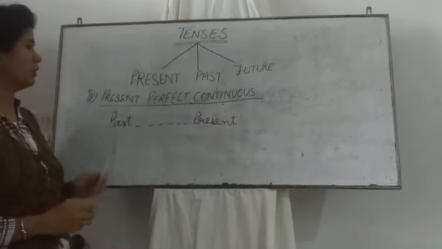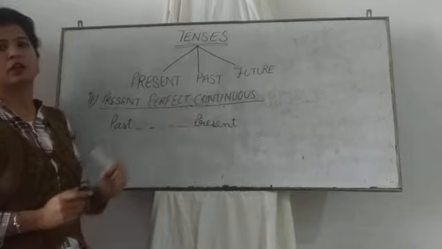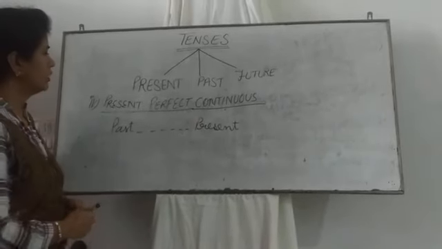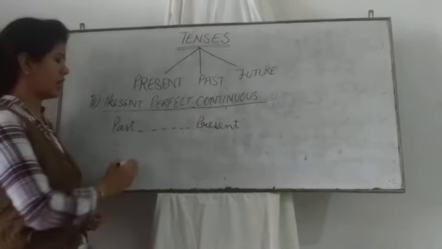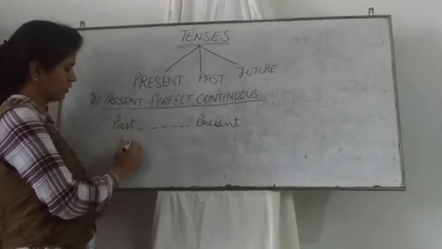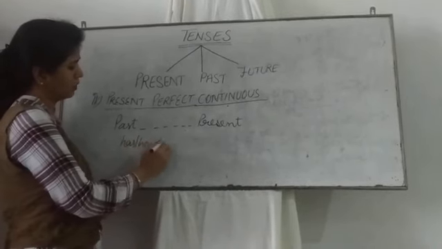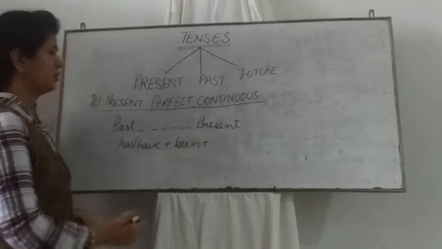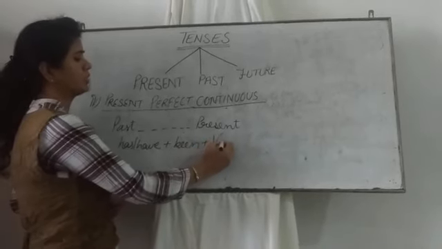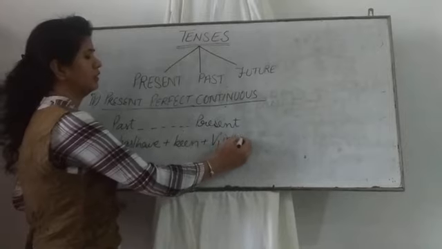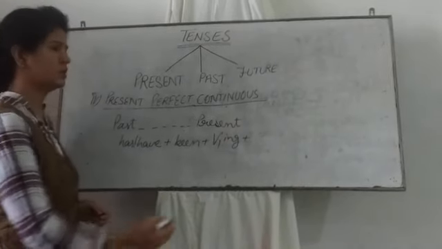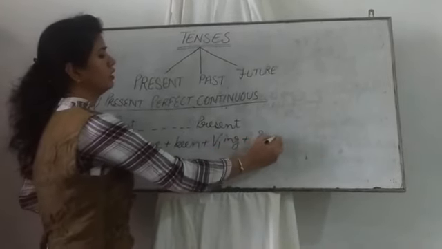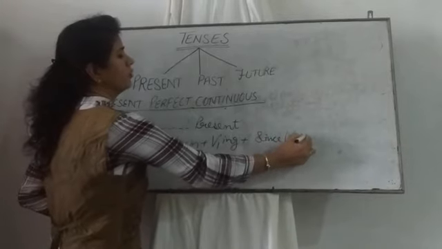At that time we use present perfect continuous. The rules of this tense are has, have, plus been, plus the verb's first form and ing, with since or for.